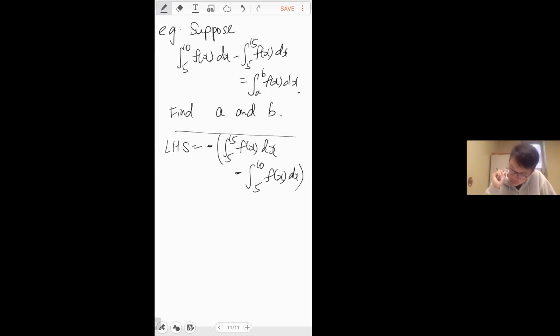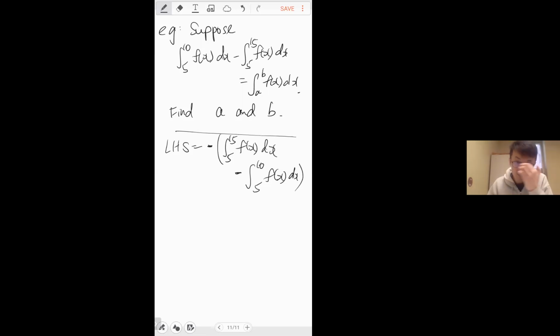And now let's focus on whatever is inside the parenthesis. The first integral you're doing from 5 to 15. You're calculating the area from 5 to 15, and then you want to subtract the area from 5 to 10.